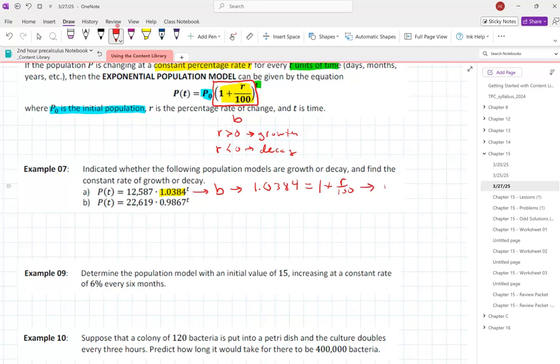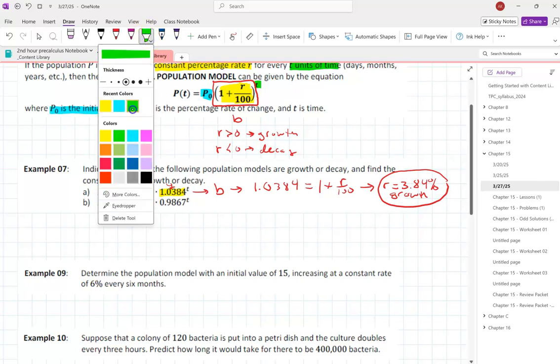So when I do that, I get 3.84%. And since that's a positive value, that's going to be growth. I could have also decided it was growth from the beginning because I noticed the b value there is greater than 1. That would be fine too.